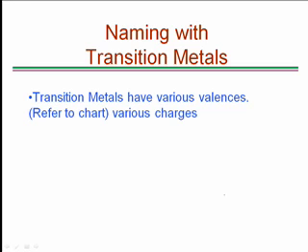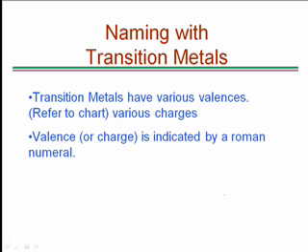We know transition metals are in the middle of the periodic table and they have various charges. Their charge indicates a middle name that we're going to be using to name them, and we denote the middle name by using a Roman numeral. So you need to know how to write your Roman numerals all the way up to 4.